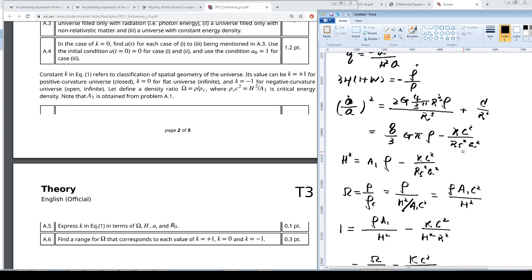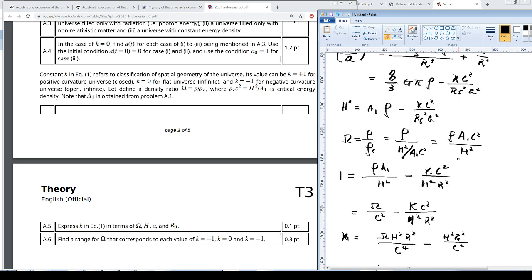For your 1 equals rho a1 over h squared, the second term has to have a squared in the denominator, right? I divided h squared.